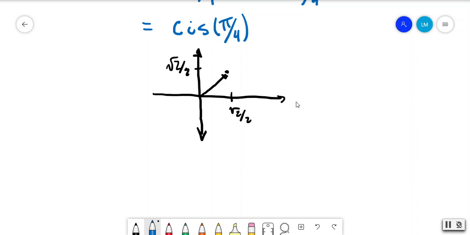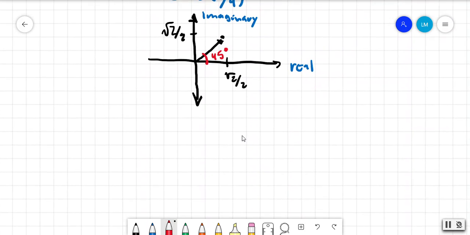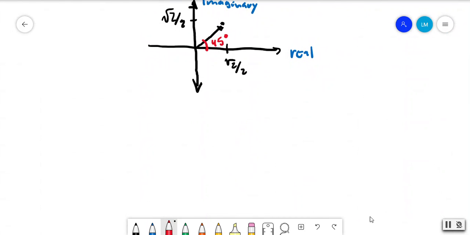That's going to be the real, and that's going to be the imaginary. To the naked eye, you can tell that the angle that sits right there is 45 degrees. So you can plot your complex numbers in the complex plane if you wanted to.